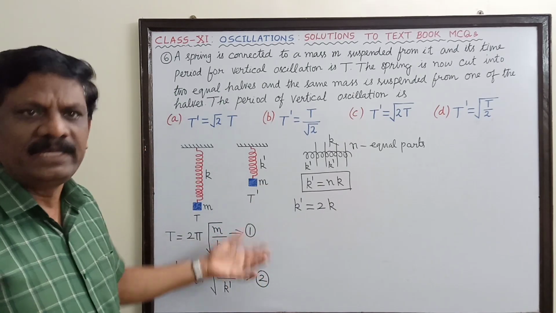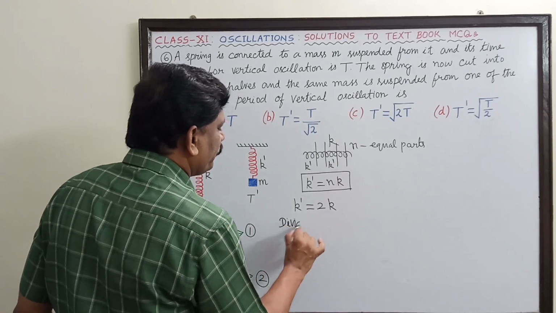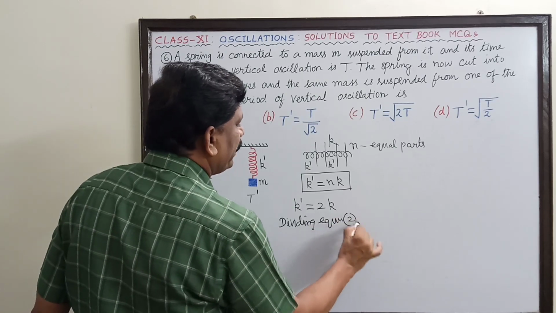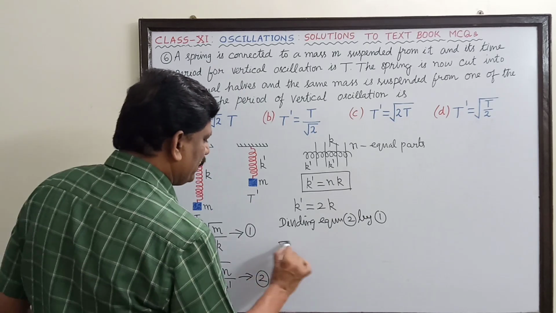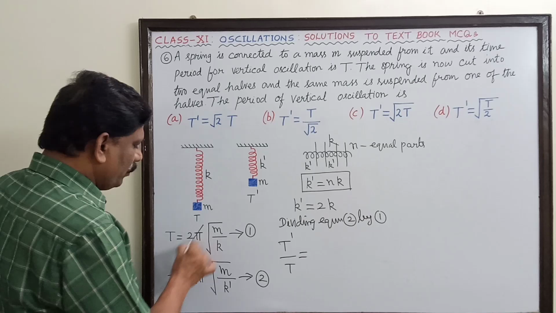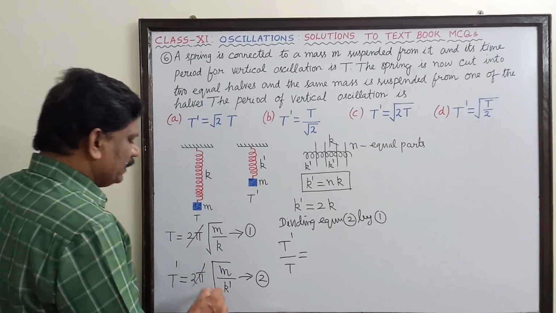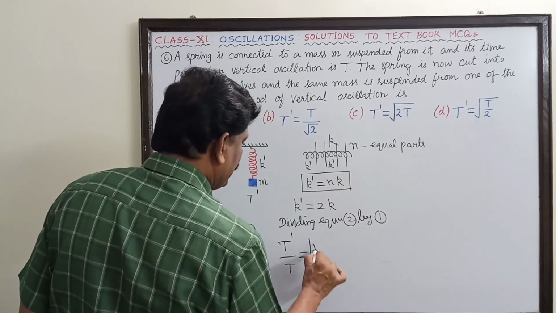I divide the second equation by the first equation. So dividing equation 2 by equation 1, the left hand side will become T dash divided by T. Now 2 pi and 2 pi get cancelled, so this will become the square root of M by K dash.